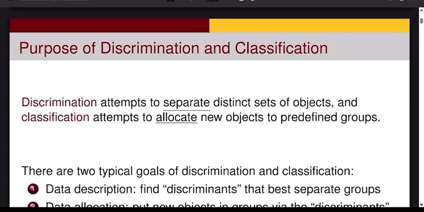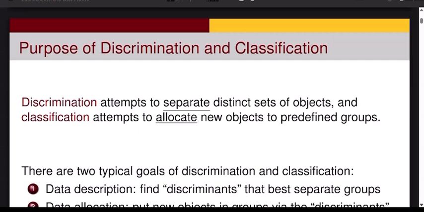And of course, they build a model on that. If they build a model on the existing data, then we're going to use that model for classification. That is classifying a new customer that has approached the bank for a loan.